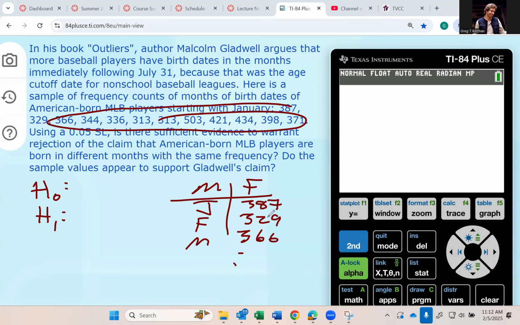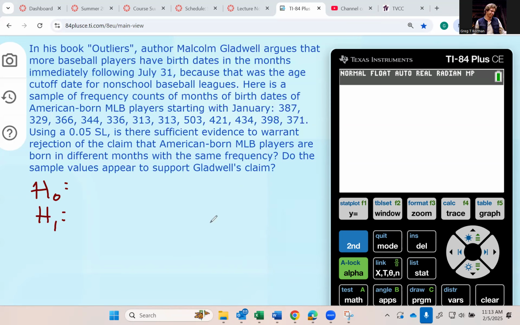Okay, so when you have a frequency distribution, and you're saying, hey, I want to compare in this frequency distribution what we actually saw, what we observed, versus what we expected.